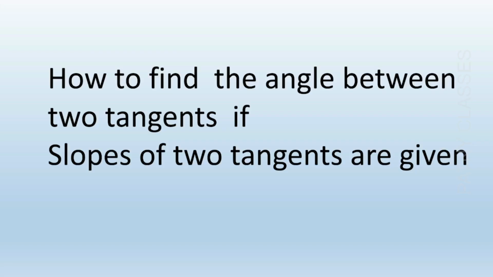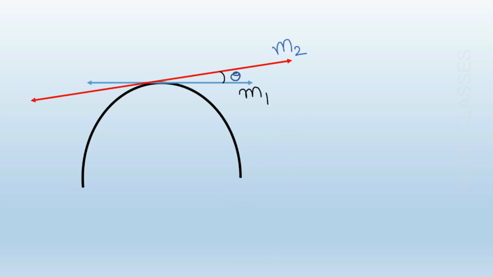Now we'll see how to find the angle between two tangents if the slopes of two tangents are given. We have a curve y equals f of x. The first tangent is drawn, the second tangent is drawn. The angle between the two tangents is theta. m1 is the slope of the first tangent, m2 equals the slope of the second tangent.